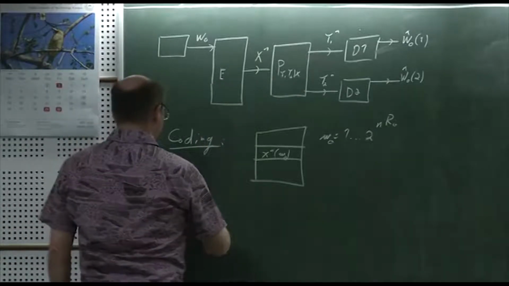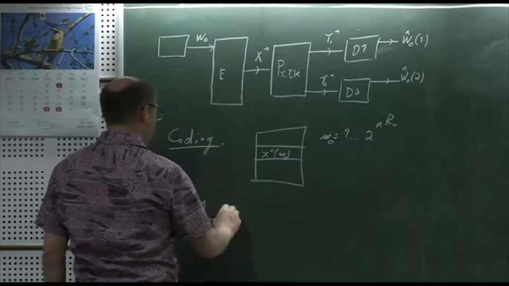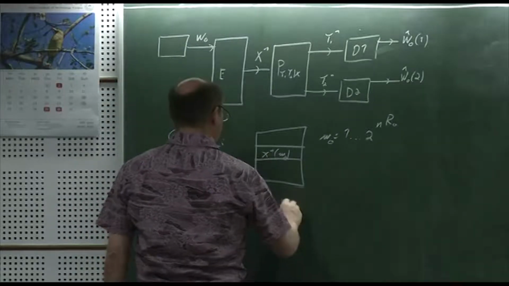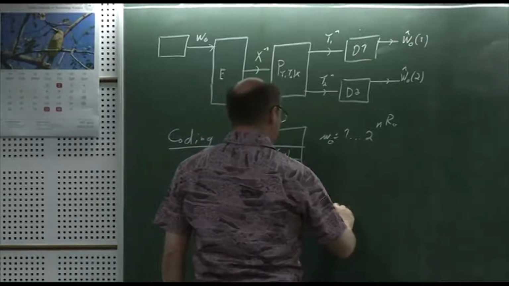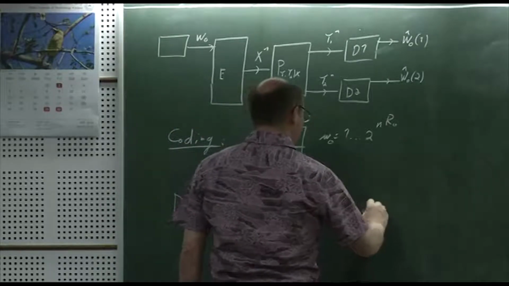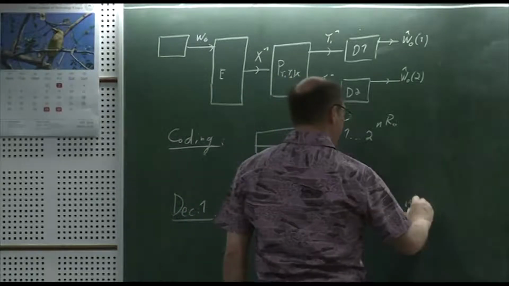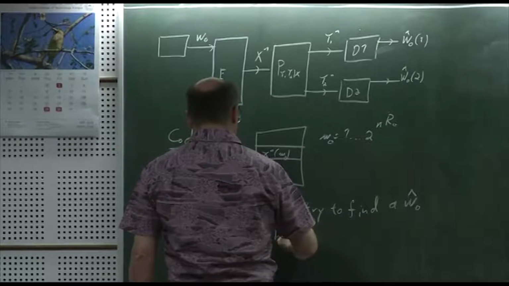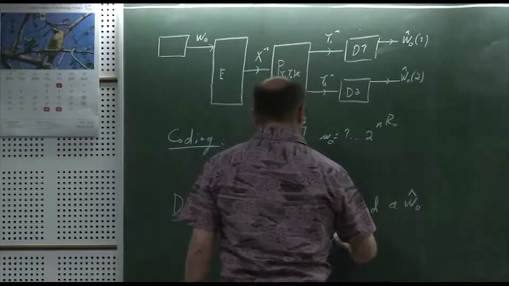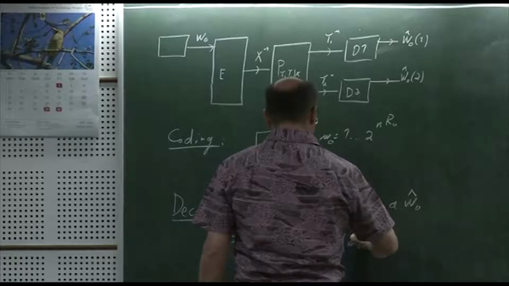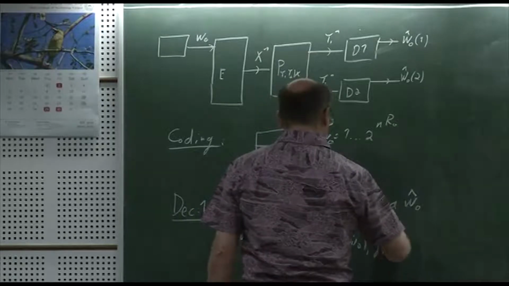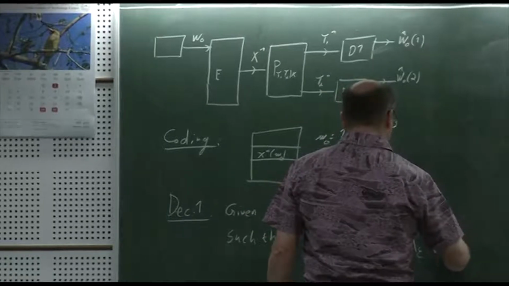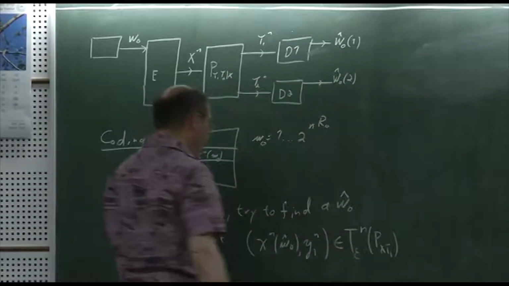Decoder 1, given y1^n, tries to find a w0 hat such that x(w0 hat) and y1^n are jointly typical with respect to p(x,y1).